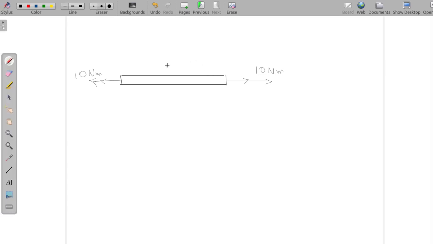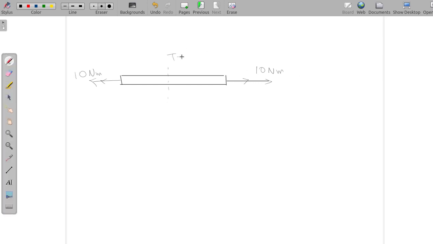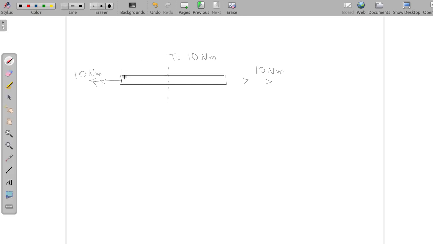So what is the internal torque resultant in the middle of the bar? That will be T equal to 10 Newton meter. So this is just like the force. Here instead of force, torque is being applied, and you can find the internal torque resultant just the way you find internal force resultant.